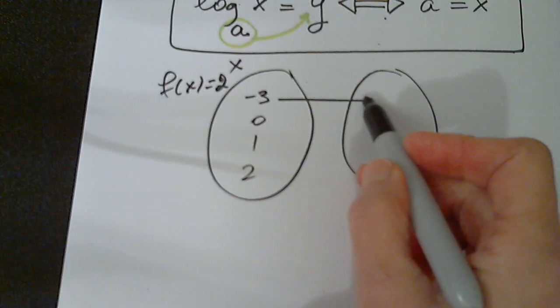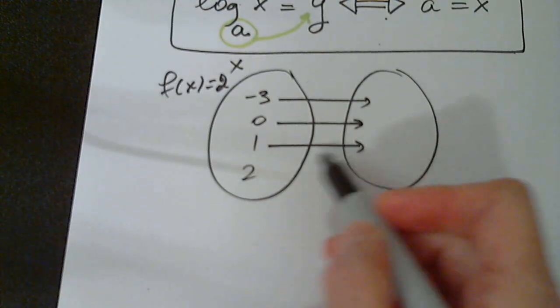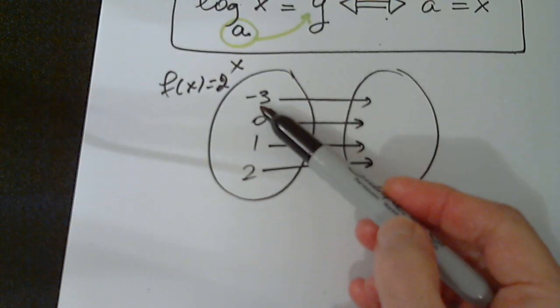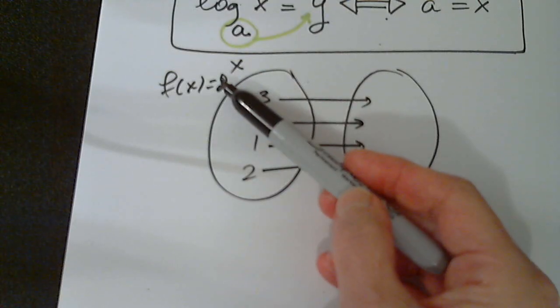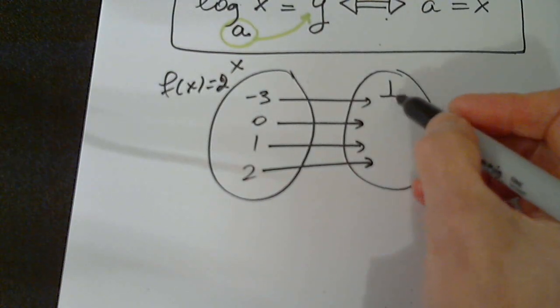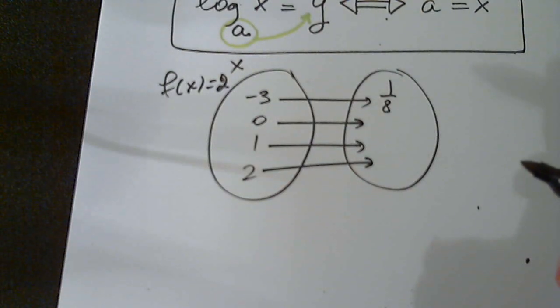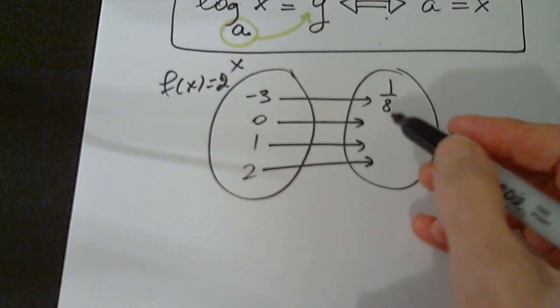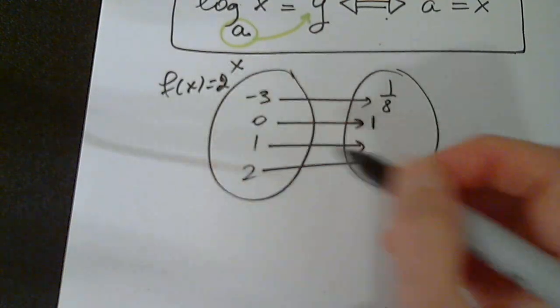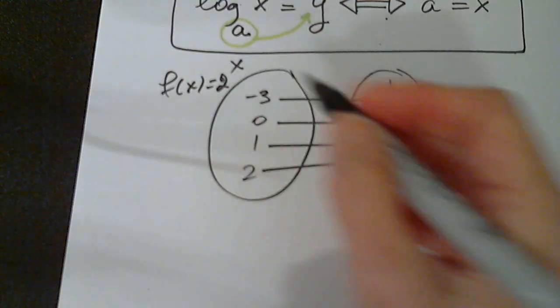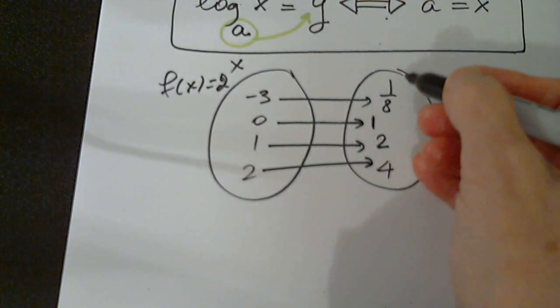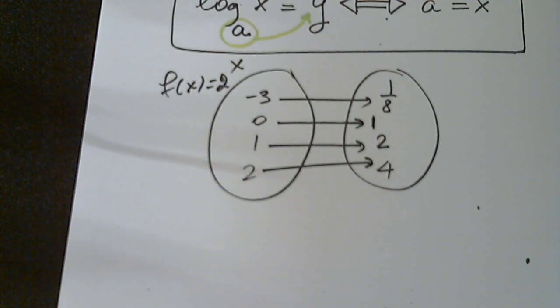When I plug in -3, 2 to -3 is 1 over 8. When I plug in 0, I get 1. When I plug in 1, I get 2. When I plug in 2, I get 4. We already got these numbers for 2 to the x.